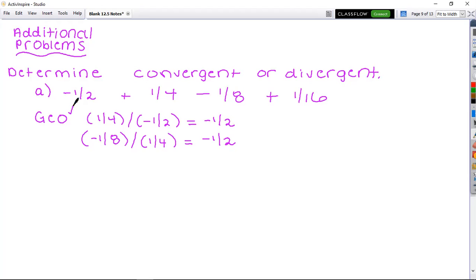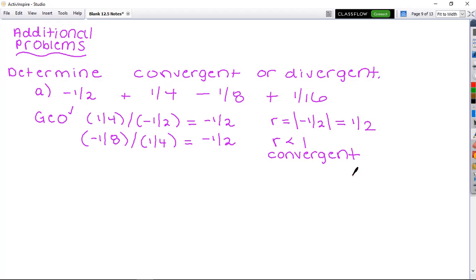Now you're going to take the absolute value of your ratio. The absolute value of -1/2 is equal to 1/2. And then right on the front of your notes from yesterday, 1/2 is less than 1, and therefore this is going to be convergent. Again, to relate it back, these were the formulas that you did with your sum that was actually possible. This one is convergent. How do we feel with A?